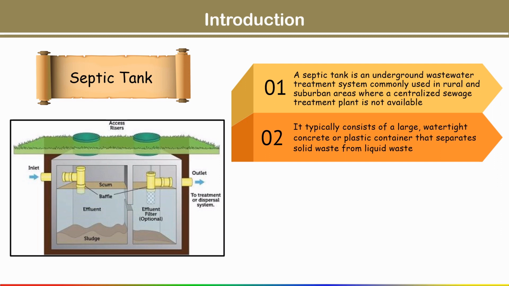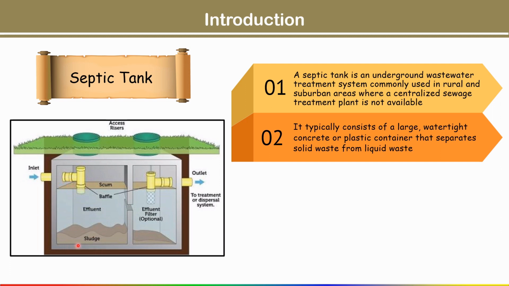It typically consists of a large watertight concrete or plastic container that separates solid waste from liquid waste. Here in this image you can see the septic tank is shown. Inlet, outlet: the wastewater will enter from this side.